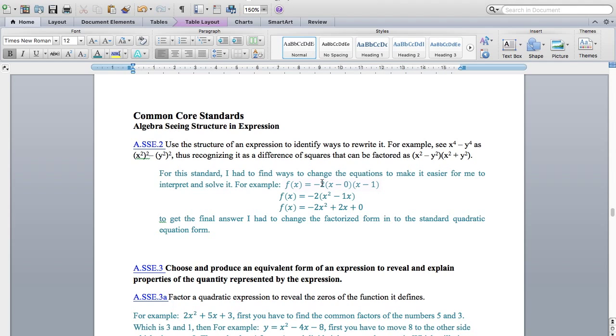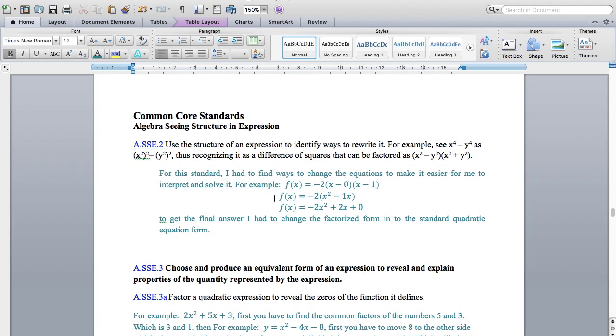Remember, y equals a(x minus m)(x minus n). And we use this skill to apply to the project.